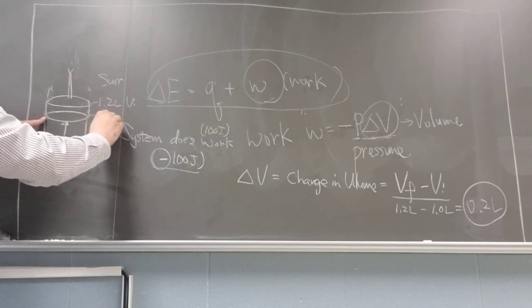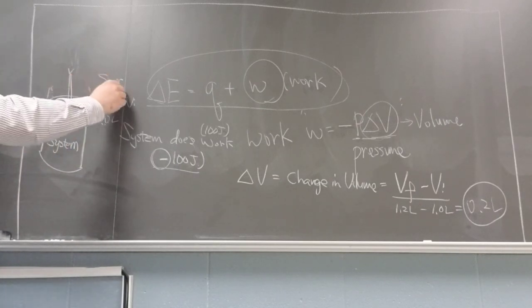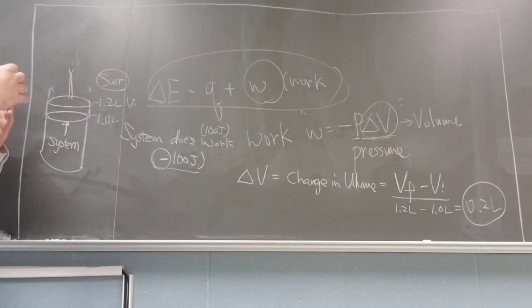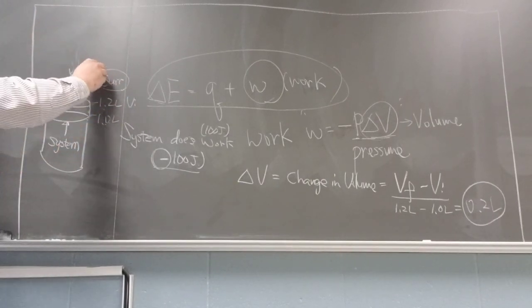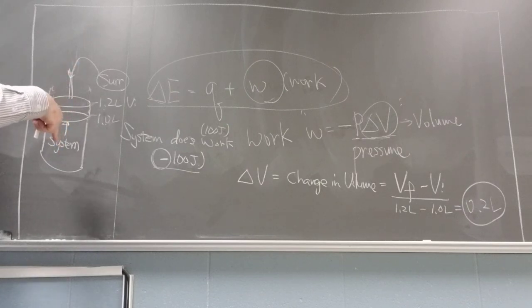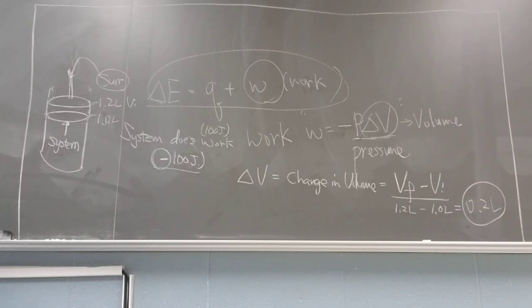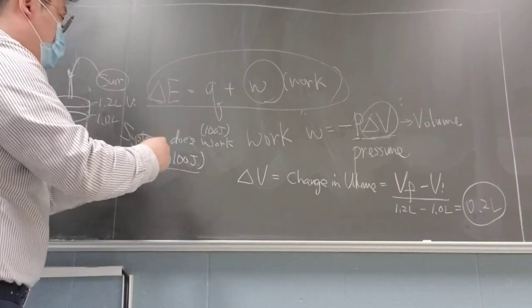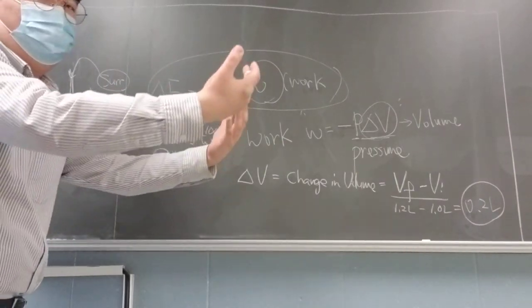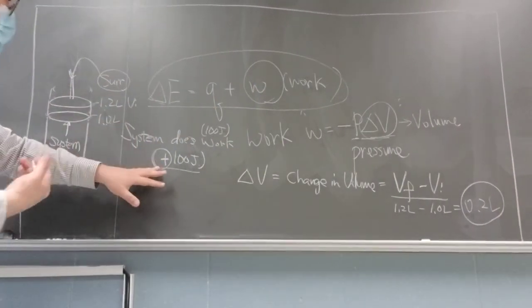That means the surroundings, which means any one of us or anything except the system, did work to the system, right? Makes sense, right? So surroundings means anything except the system. It could be you, me, or anything else doing work to the system, meaning the system will get this amount of energy. If it was 100 joules, it got this much energy. So that will be positive.